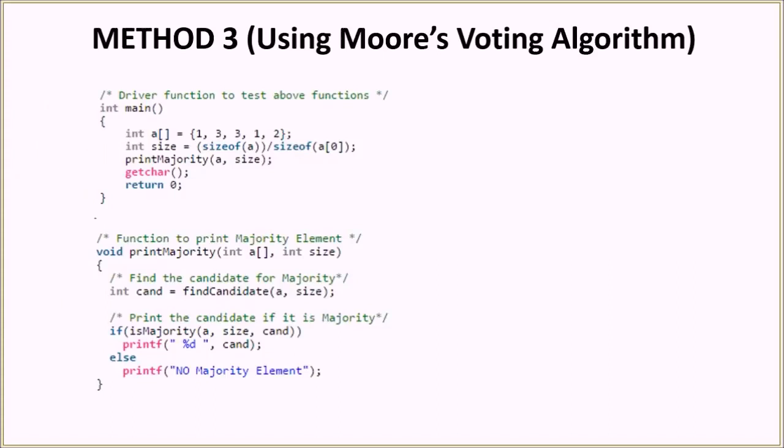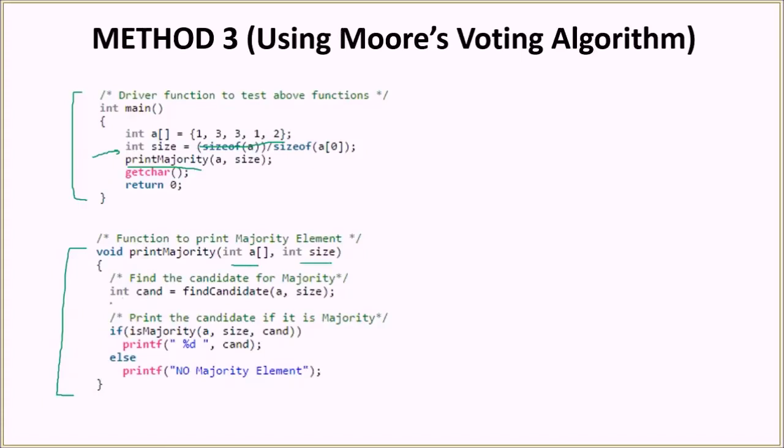Okay, so let's look at the code. This will be the driver function here. We are given the array, we are inputting the size, and then we are calling the print majority function. In this print majority function, we get as arguments an array and its size.